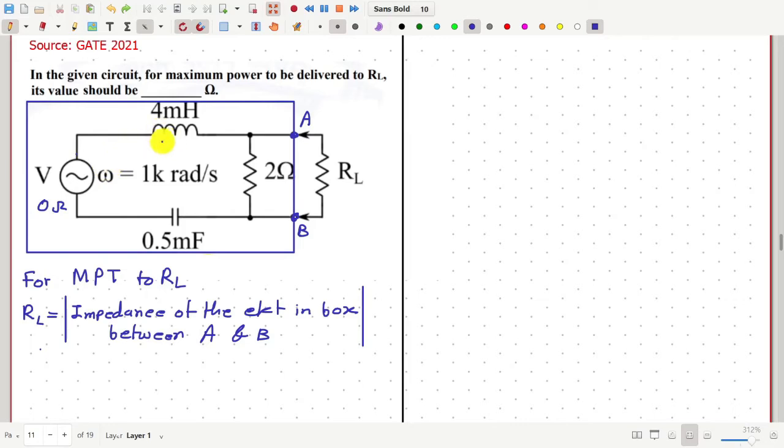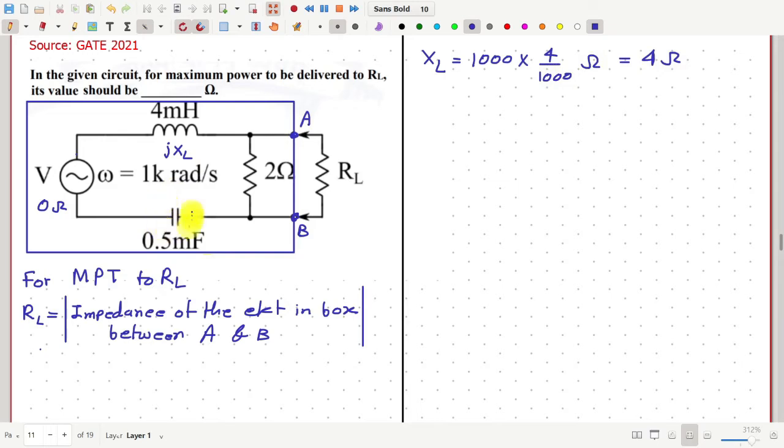Then if the impedance of the inductor is jXL, then XL is equal to omega into L. Omega is 1000. So 1000 into 4 milli, and this is equal to 4 ohm.